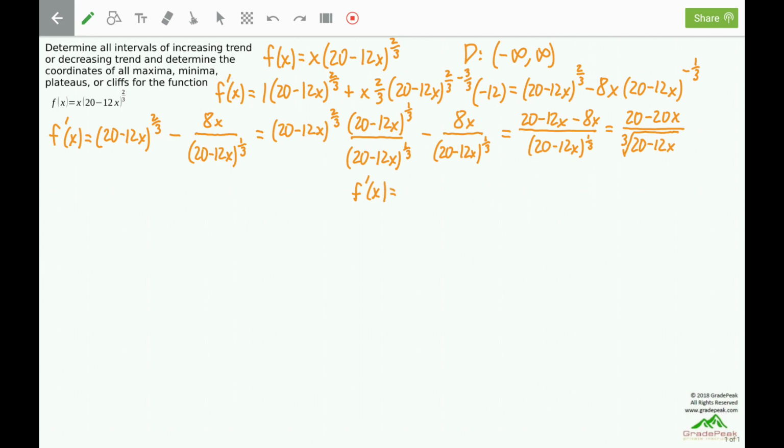We want to fully factor the first derivative. In the numerator, there's a common factor of 20. Factoring that out, we'll leave behind a 1 minus x.